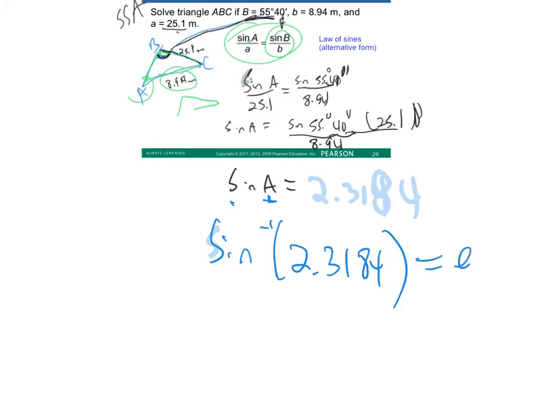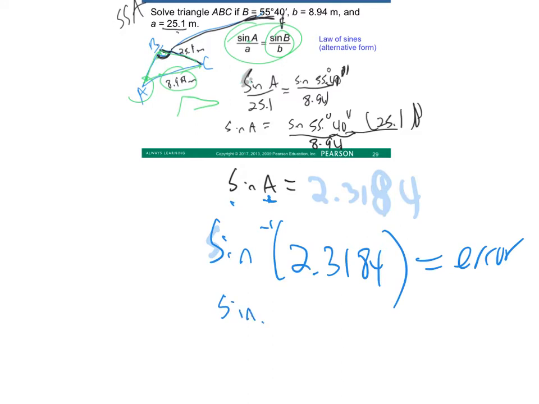I dare you. Do the arc sine of both sides. Arc sine of 2.3184. That's how you get the angle out of it. When we have sine of A, we have to do the inverse, remember? But that should give you an error. Why?